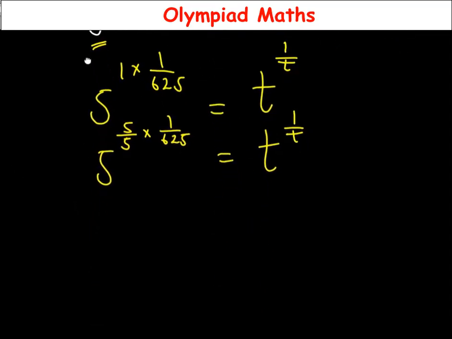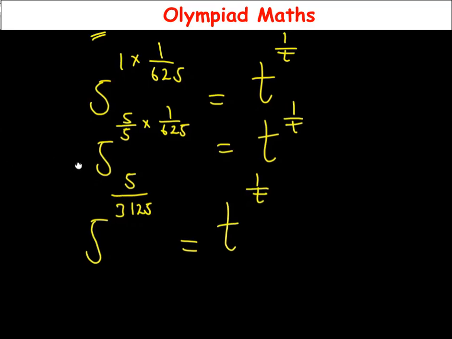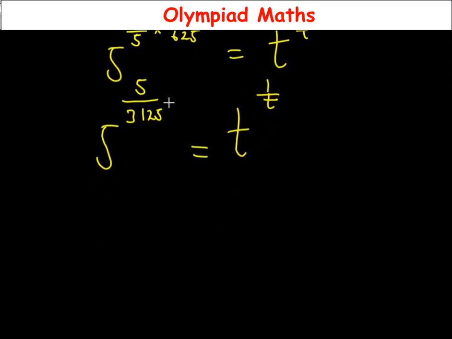So from here, we have 5 raised to power 5 times 1 is 5 over 5 times 625 is 3125, is equal to t raised to power 1 over t. Now at this junction, we can write this power in the form of 5 raised to power 5 times 1 over 3125, which equals t raised to power 1 over t.